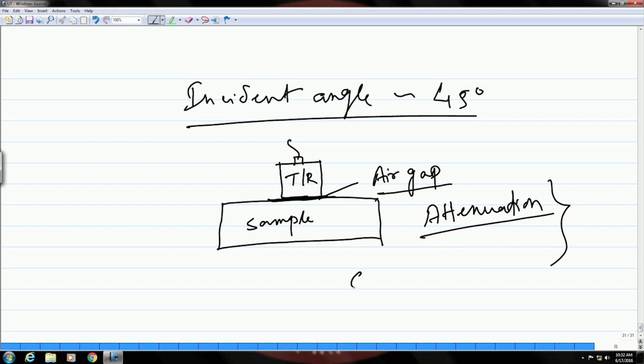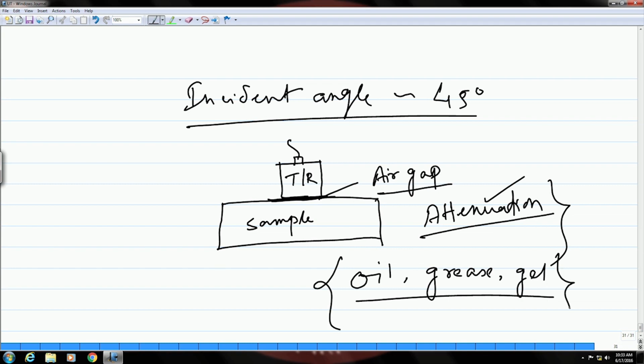If you apply some kind of oil or grease or some gel in the form of a thin layer, that will ensure that the air gap is excluded, and now this attenuation or decrease in the intensity can be avoided. Okay. So, this particular thing which is applied to avoid the air gap is known technically as couplant.